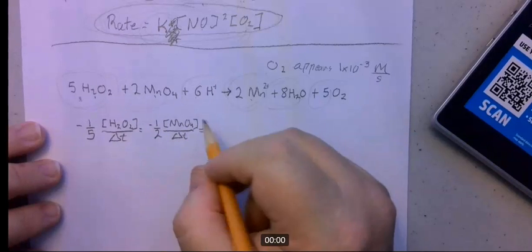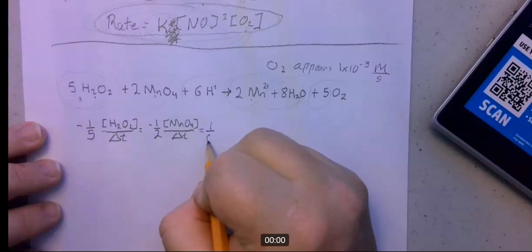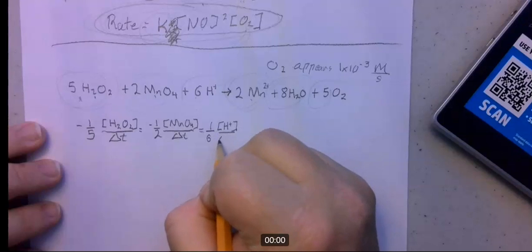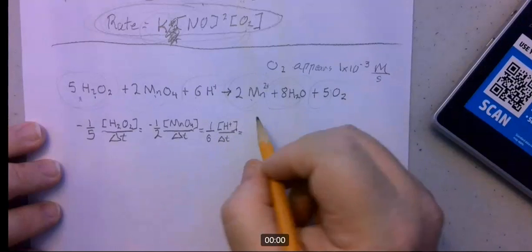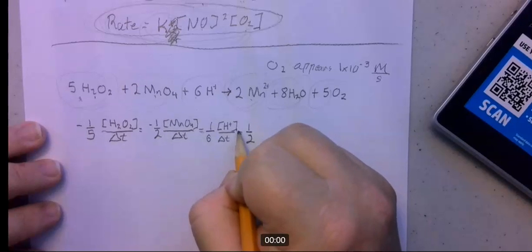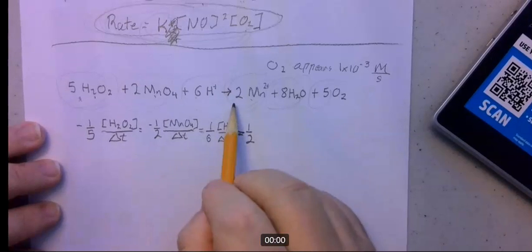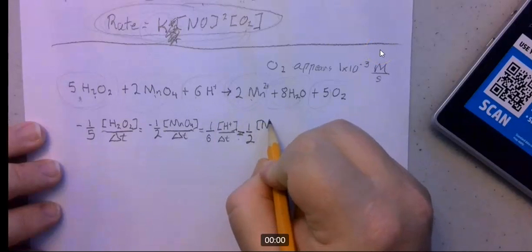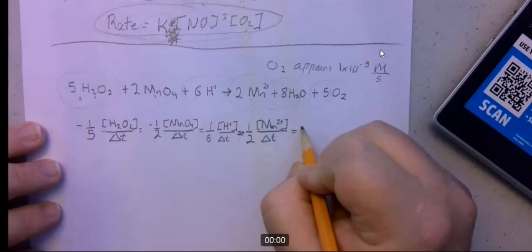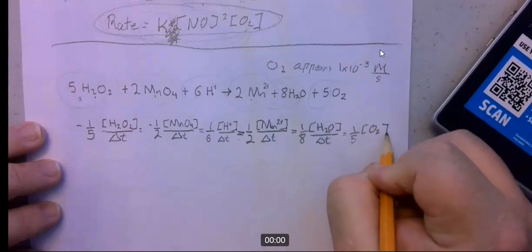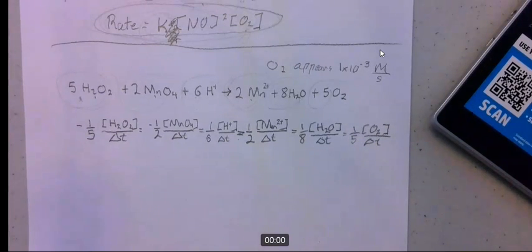These are equal signs, not plus signs. Now on the product side, you still put an equal sign here, but it becomes positive. Okay, and that's how you would equate all of those.